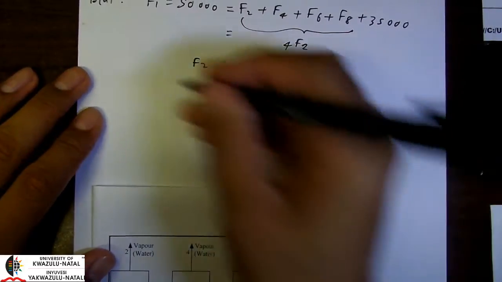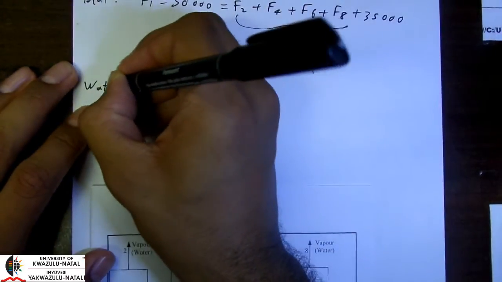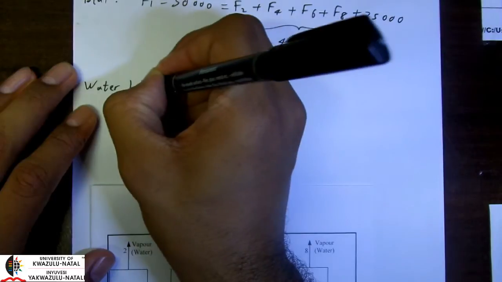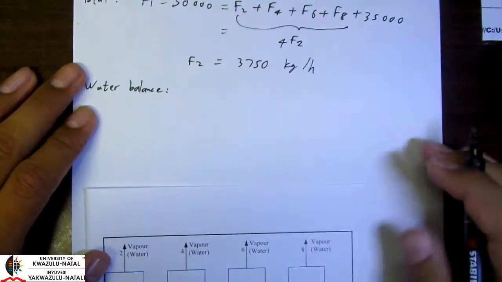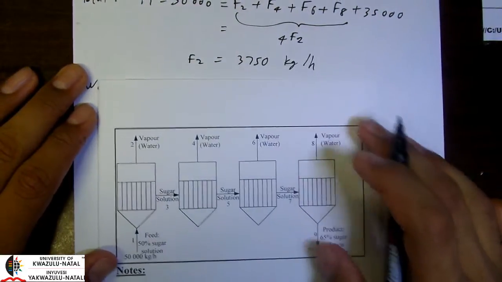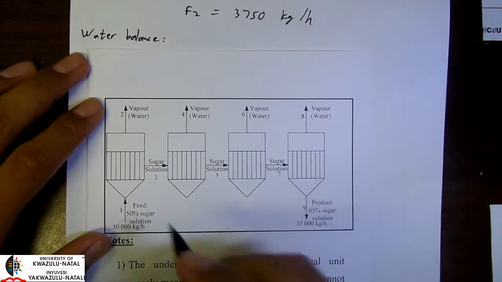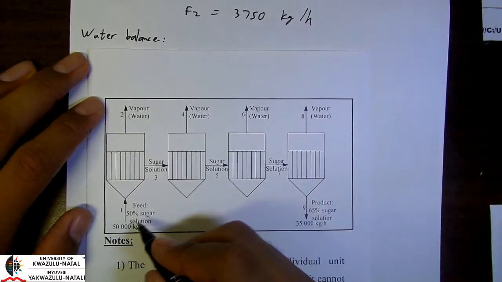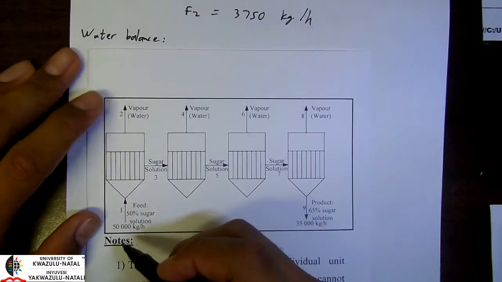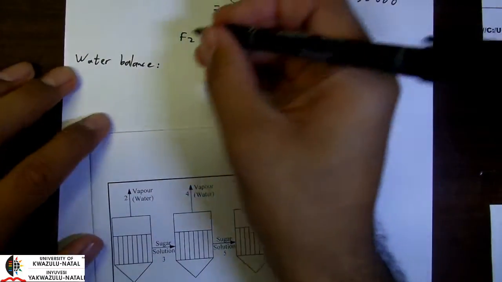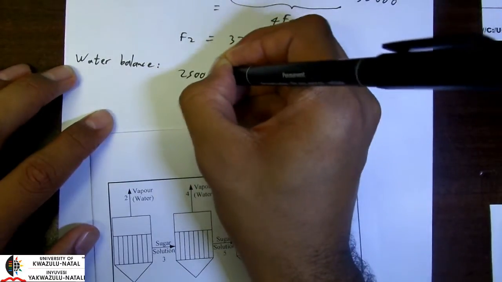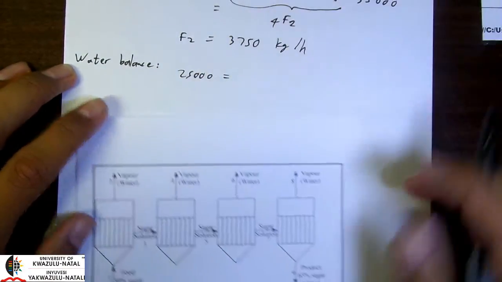Let's look at the water balance. Remember, for our water, we have a total of 50,000 at 50% sugar solution, so it's 50% of water as well. So we have 25,000 kgs per hour of water coming in.